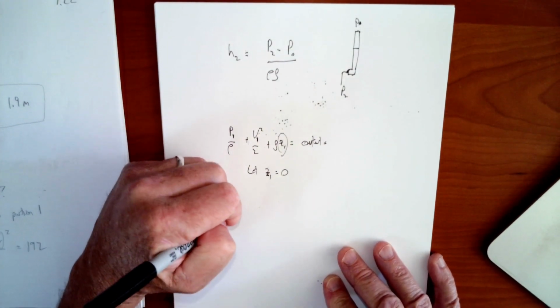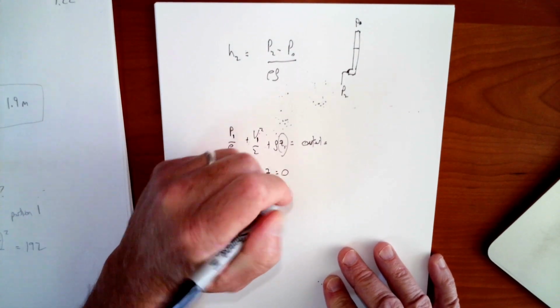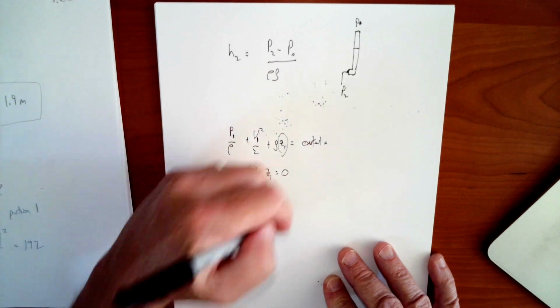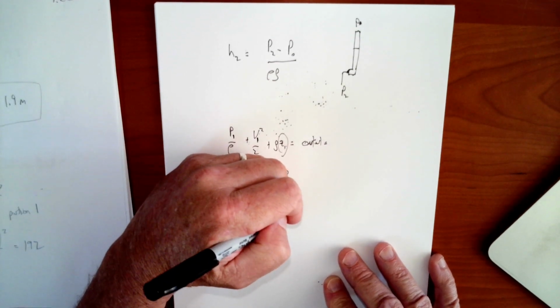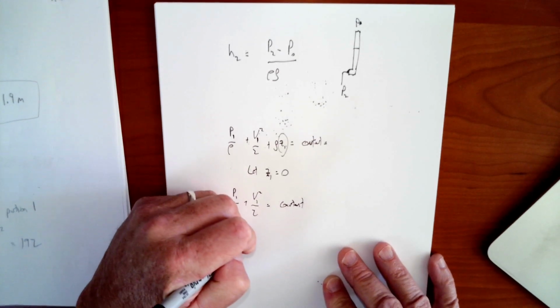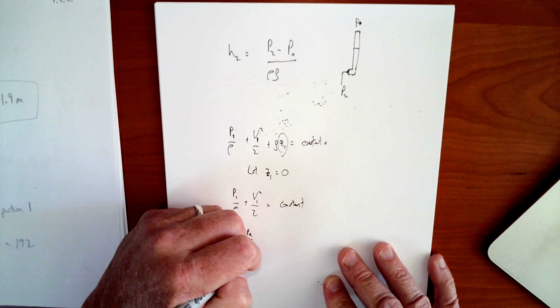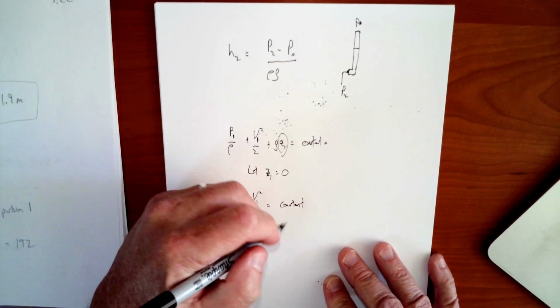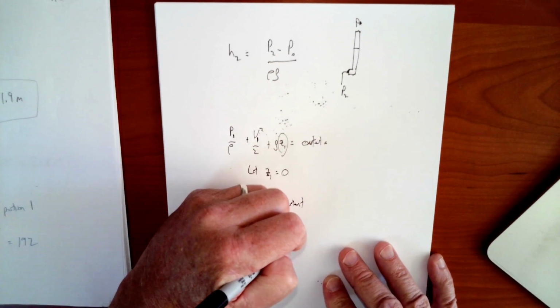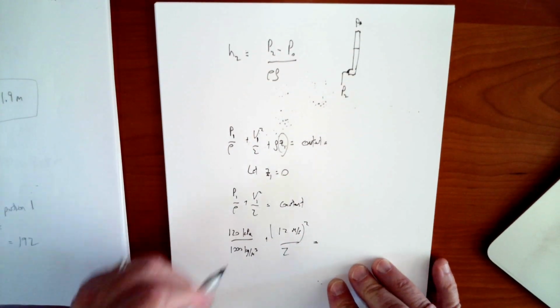So I've got P1 over rho plus V1 squared over 2 is equal to what? That's equal to a constant, the Bernoulli constant for this flow. And so I've got 120 kPa divided by 1,000 kilograms per meter cubed plus 12 meters per second squared over 2. And I've got to be careful here.